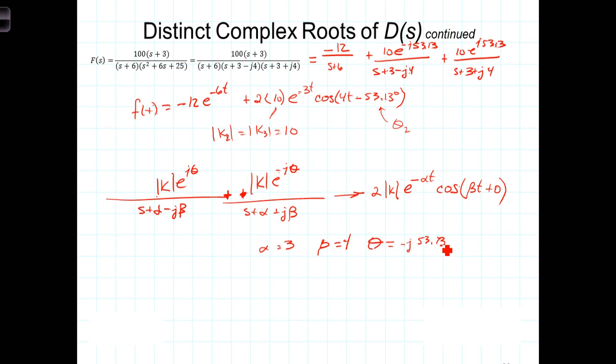So what we're saying is that when we can recognize that these two terms come as conjugates of this form here, we simply identify the magnitude of K, the angle of theta being the angle associated with a positive root, and then the exponential decay term here is the real part of this complex number down here, and the frequency of oscillation is the imaginary part. Thus, we get it into that form, we can just go directly to this, where it then becomes 2 times the magnitude of K e to the minus alpha t cosine of beta t plus theta.